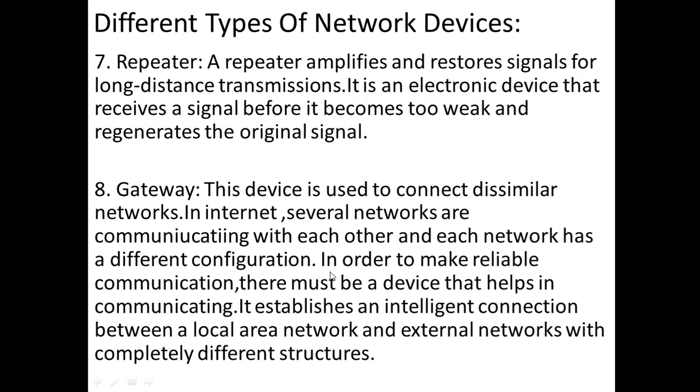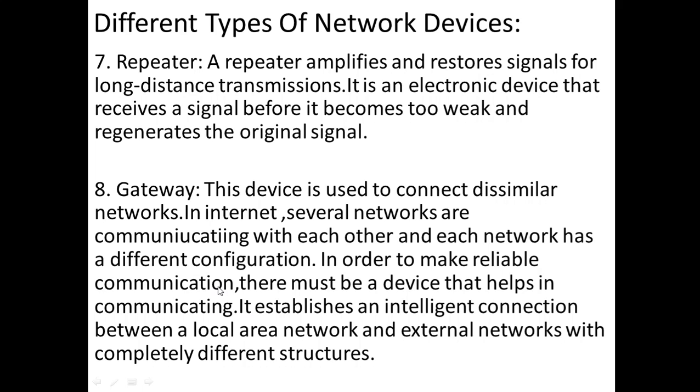In order to have reliable communication, there must be a device that helps in communicating. When dissimilar networks are there, the communication will not be reliable. Therefore a gateway will be used in order to make reliable communication.